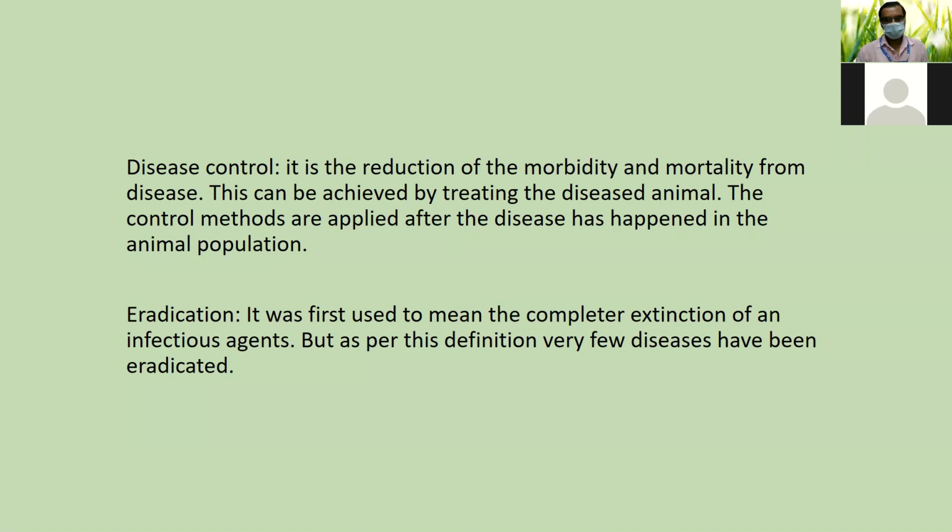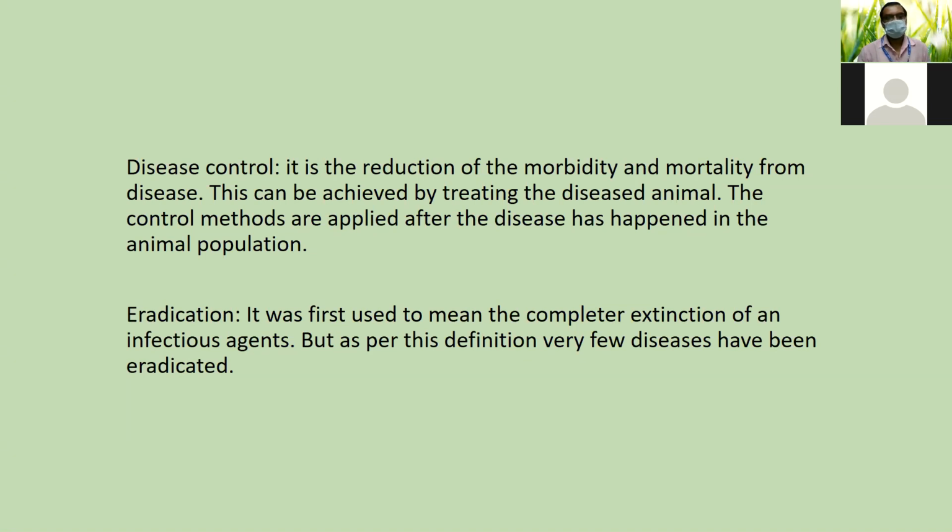If you adopt some strategy which can reduce the morbidity and mortality among the animal population, we call it disease control. This can also be achieved by treating animal disease individually.